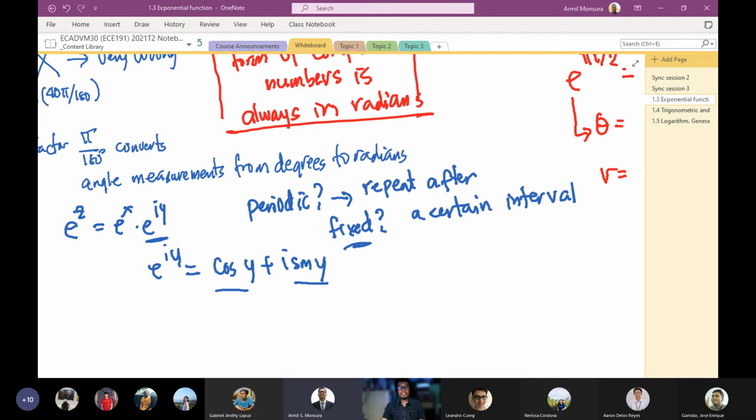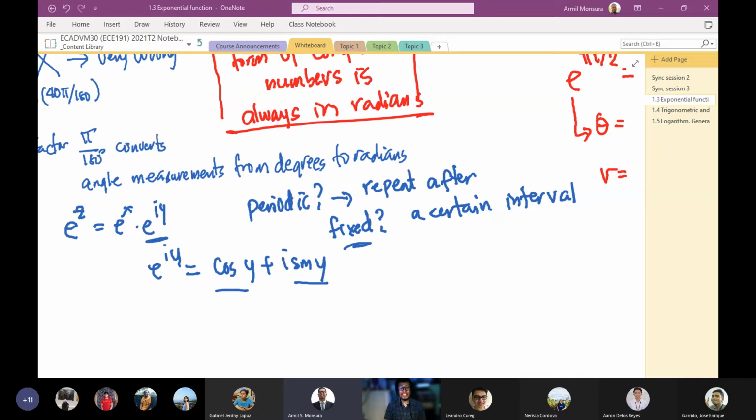Sandali lang, kukuha lang ako ng graphing tool. This is what is really good about conducting a class that is over an online platform.